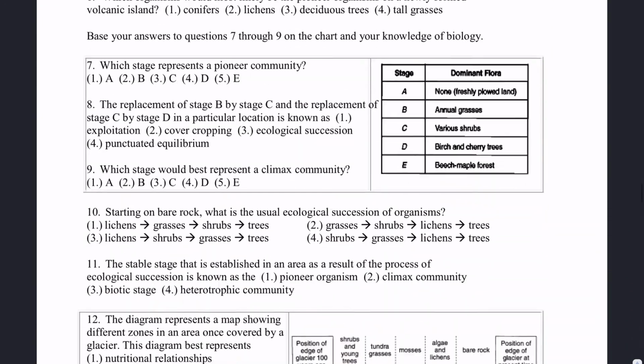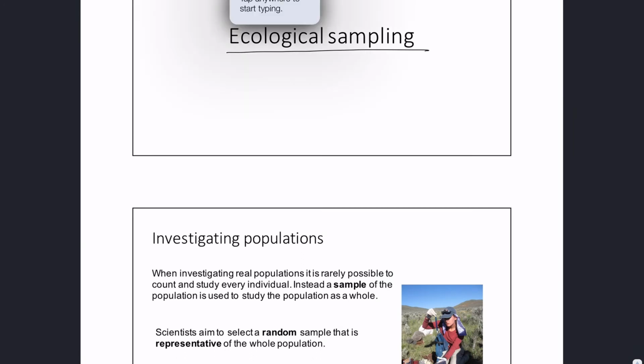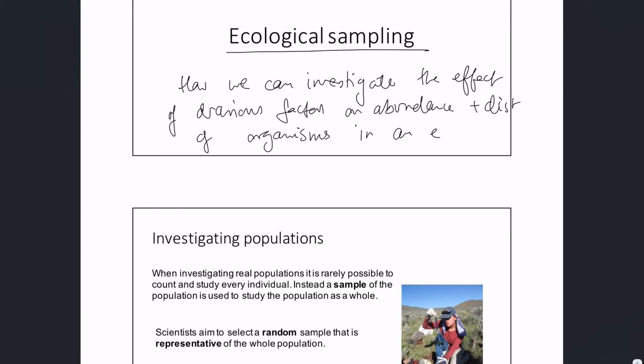Okay, and then we had the activities, and that, I think, is that. Ecological sampling is really just another way of saying how we can investigate the effect of various factors on the abundance and distribution of organisms in an ecosystem.